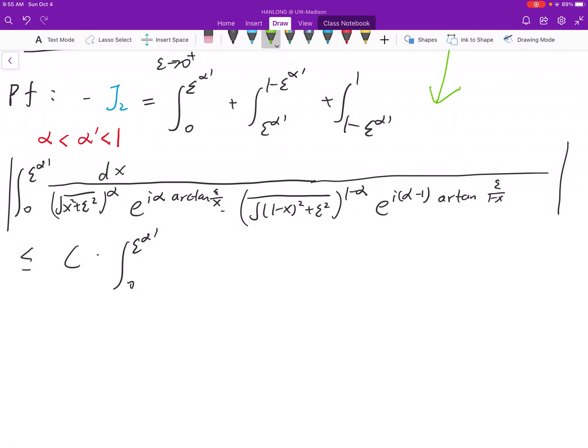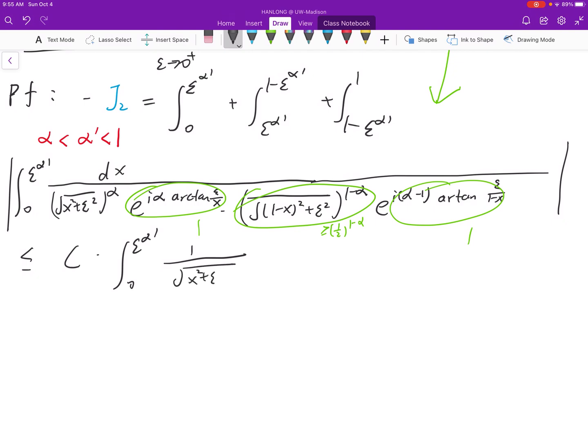Note that this is bounded by 1/2 to the 1 minus alpha's power when epsilon is small, the norm of this is 1, the norm of this is 1, therefore it's bounded totally by 1 times the integral of x squared plus epsilon squared to the alpha's power.